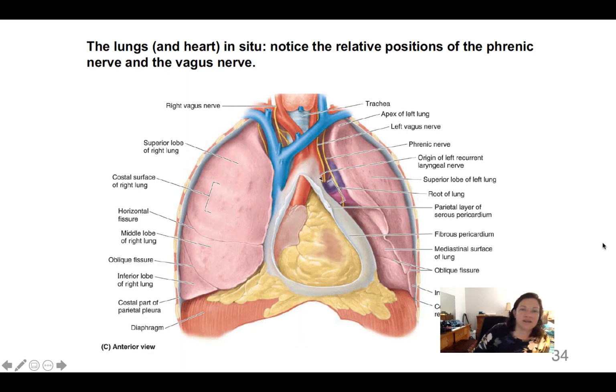Okay, now here's a diagram of the lungs in situ, or the lungs and heart as they are arranged in the body.